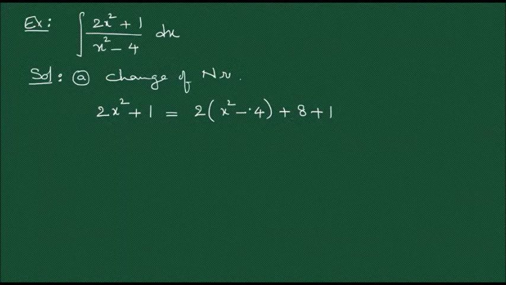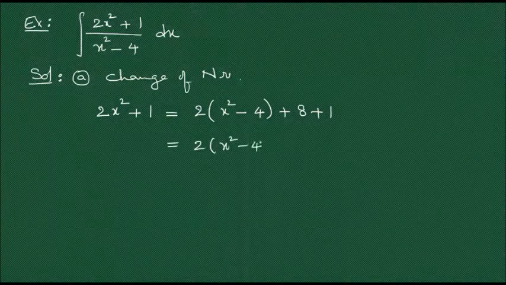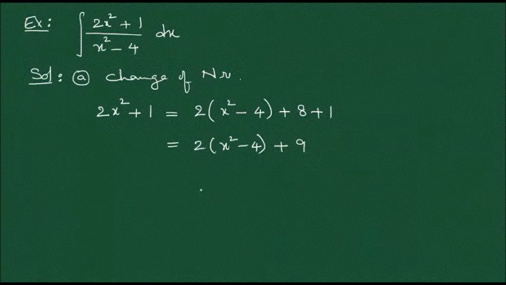That 1 is there. I am subtracting 8, so adding 8, and plus 1 is already there. So which is 2 times (x square minus 4) plus 9. This is the numerator I made. Now when you open the bracket again you will get the same numerator. So this is the change I have done.